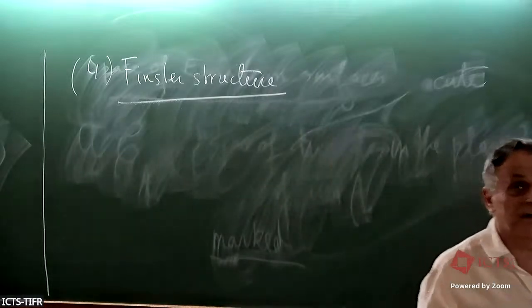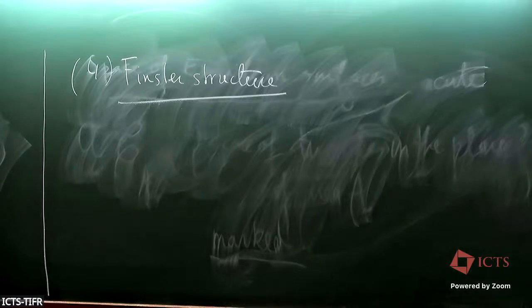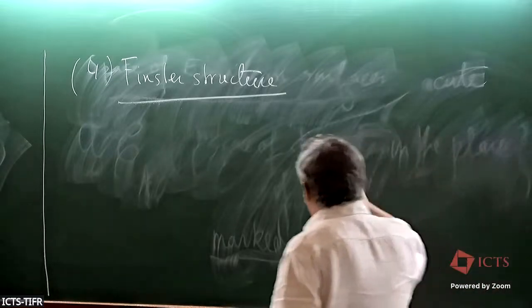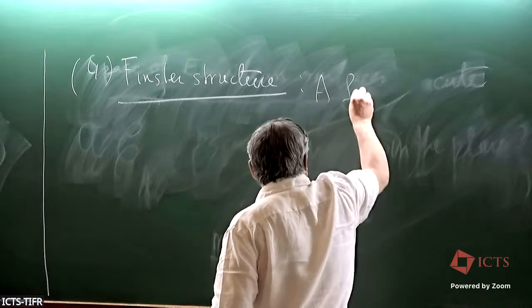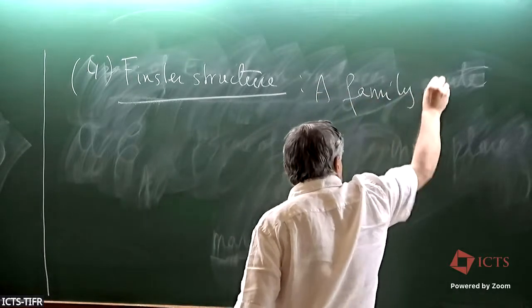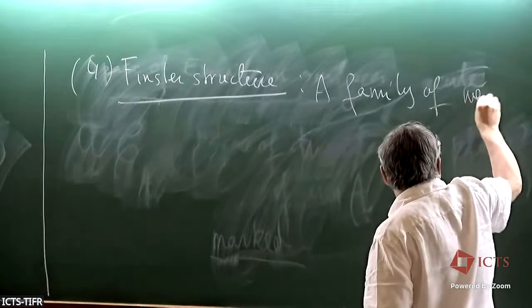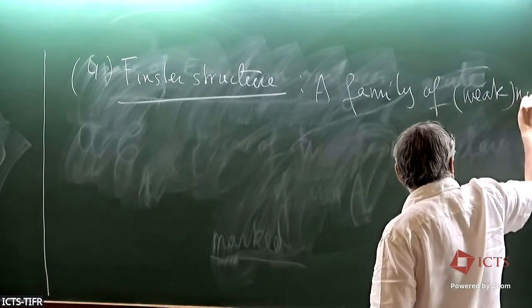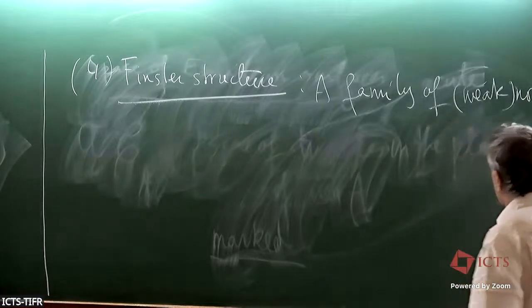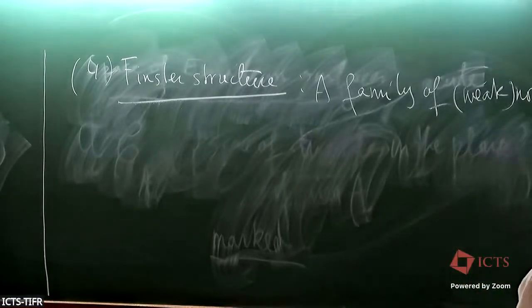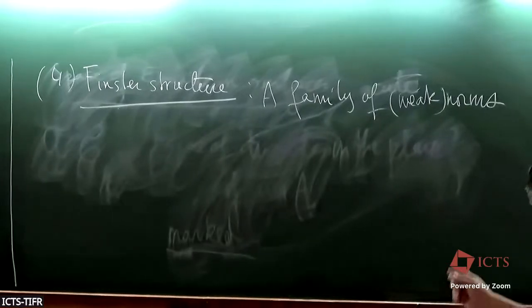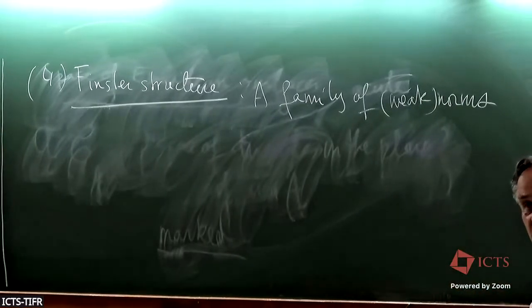If you heard the talk the other day, it's just a parameterized family of norms, parameterized by this space of triangles. A family of weak norms. Weak meaning that not necessarily symmetric in general, but here it will be symmetric, in fact.